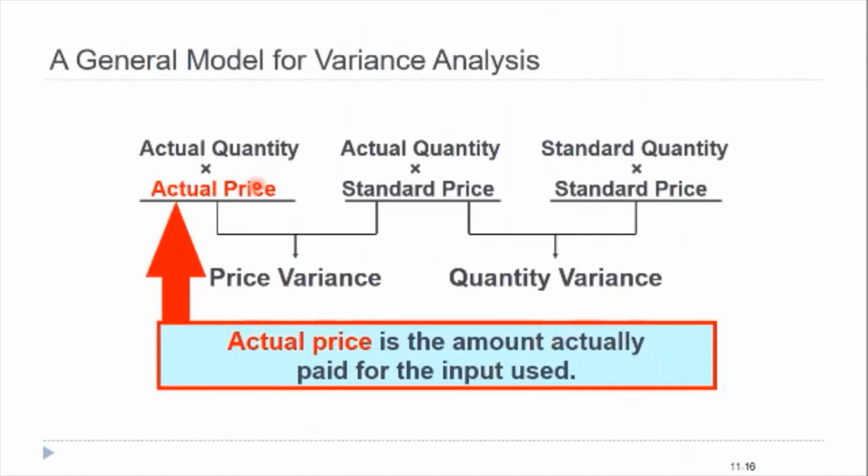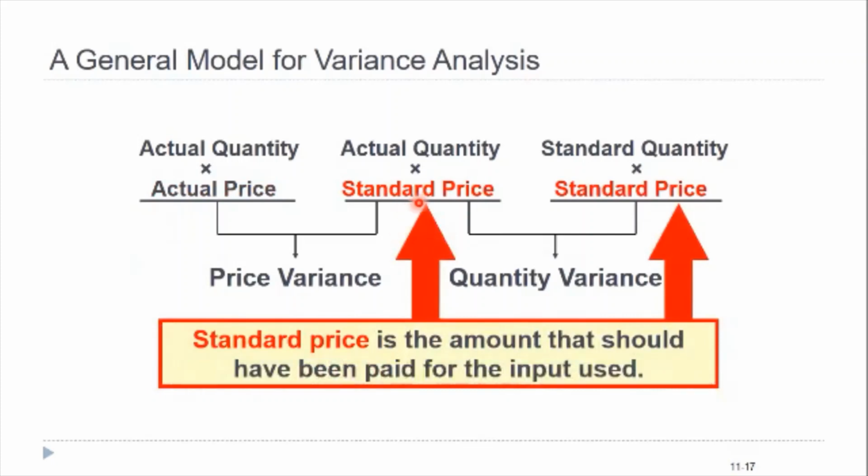Right. Actual price. Actual price is the amount actually paid for the input used. Okay, so this takes place after production has started. And the standard price will take place before production has started.